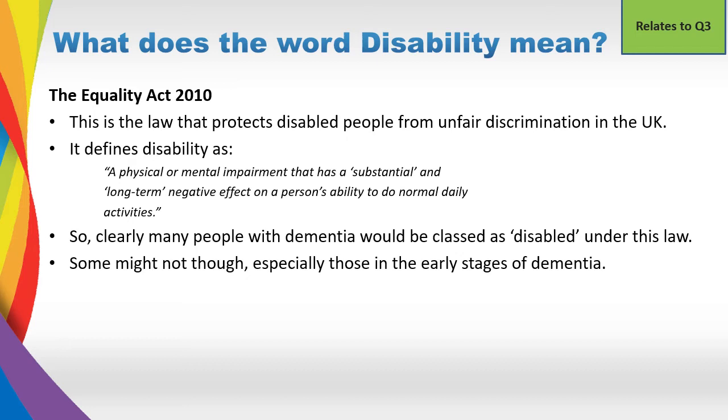However, in some people in those early stages of dementia, they couldn't be classed as disabled under this definition because they will still have the ability to carry out normal daily activities.